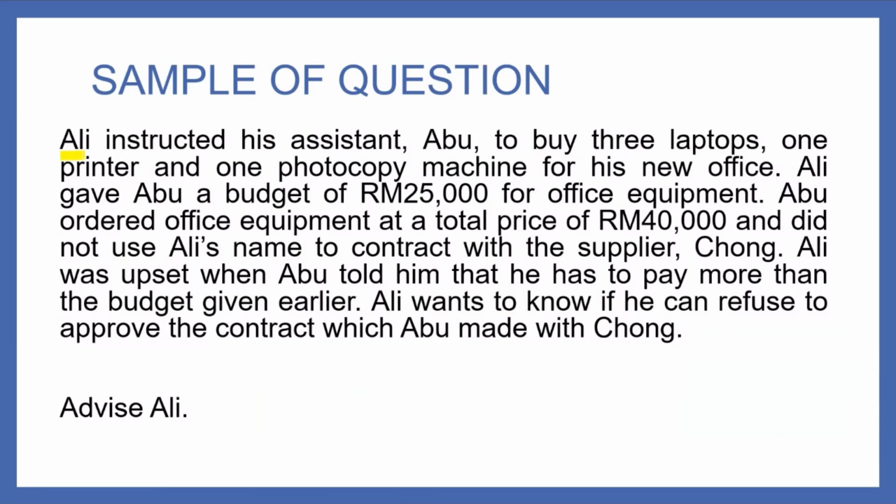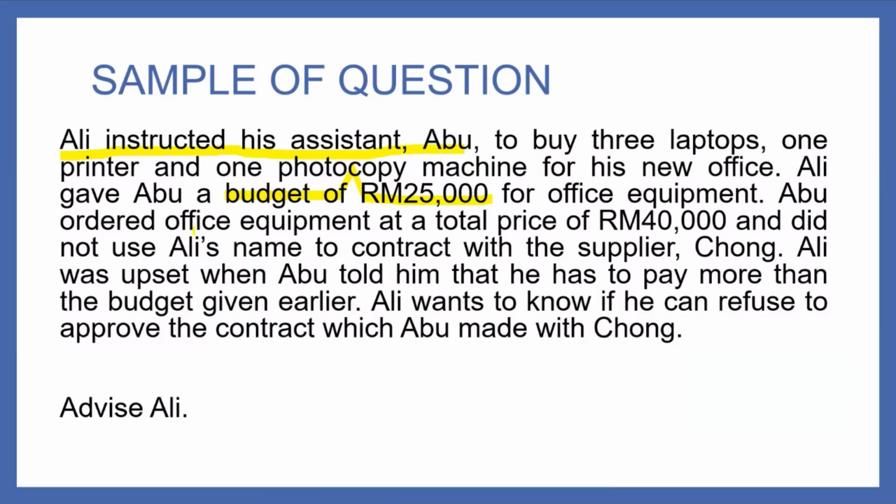Now Ali instructed his assistant Abu. So this shows that Ali is the principal and Abu is the agent. He has given a budget of 25,000 ringgit. So this shows that there is a limit to the authority that he gives to the agent.